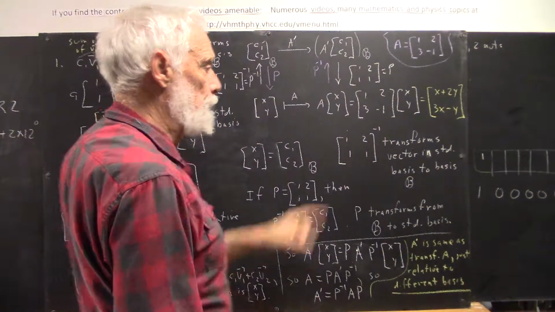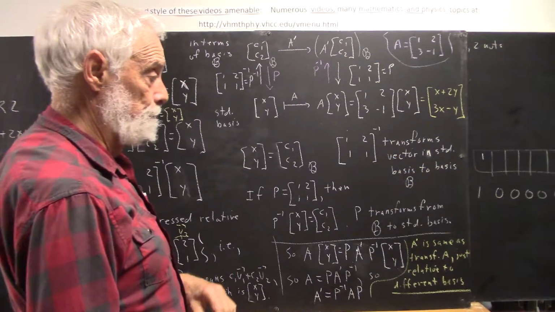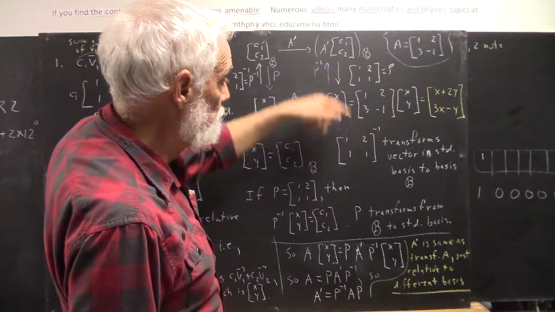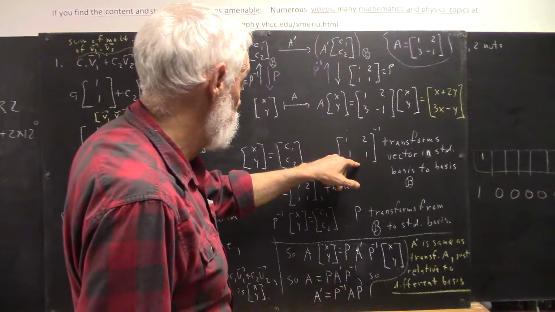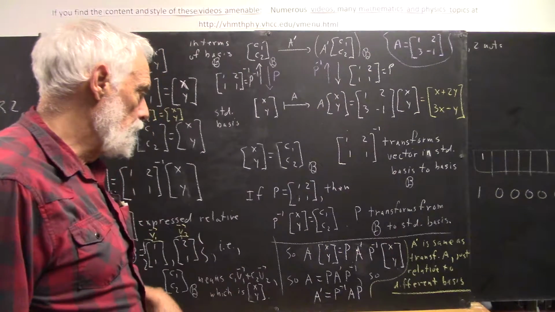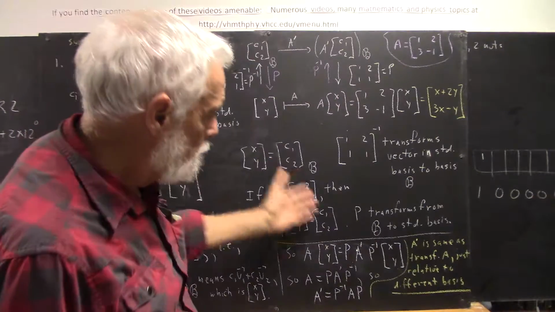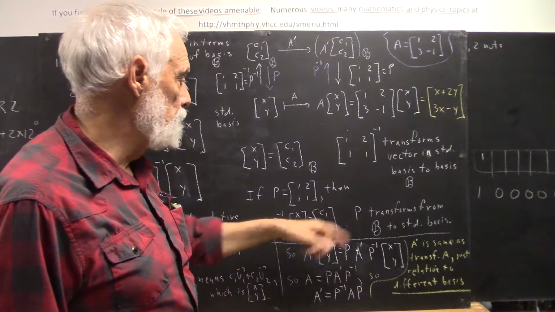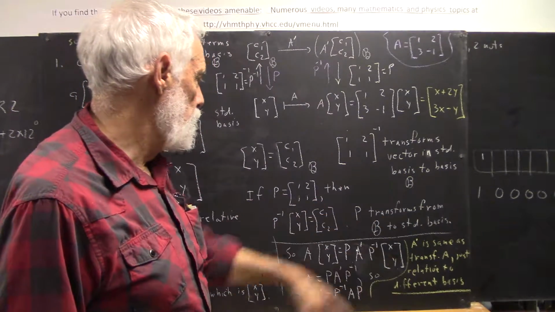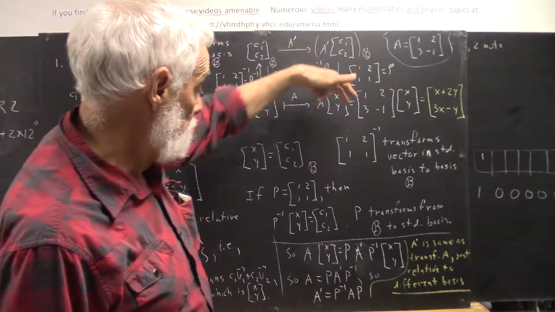This transforms a vector in the standard basis, not a vector is the standard basis, to the basis B. So to go from the standard basis up to the basis B, we use the inverse of this matrix whose columns are the basis vectors, and so forth. And here we just explain what we've already said, that the P matrix then transforms from the basis B to the standard basis. And that's what we have here.